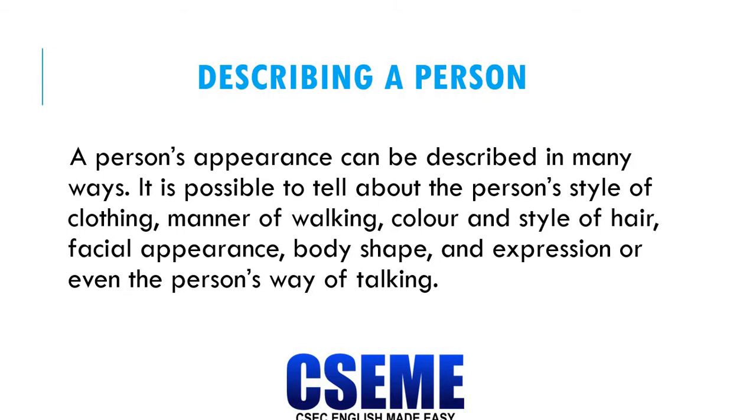One of the ways we can describe a character is by looking at the character's appearance. We can look at the character's style of clothing, manner of walking, color and style of hair, facial appearance, body shape, expression, or even the way the character speaks. All of these are placed together in order to create the character description.